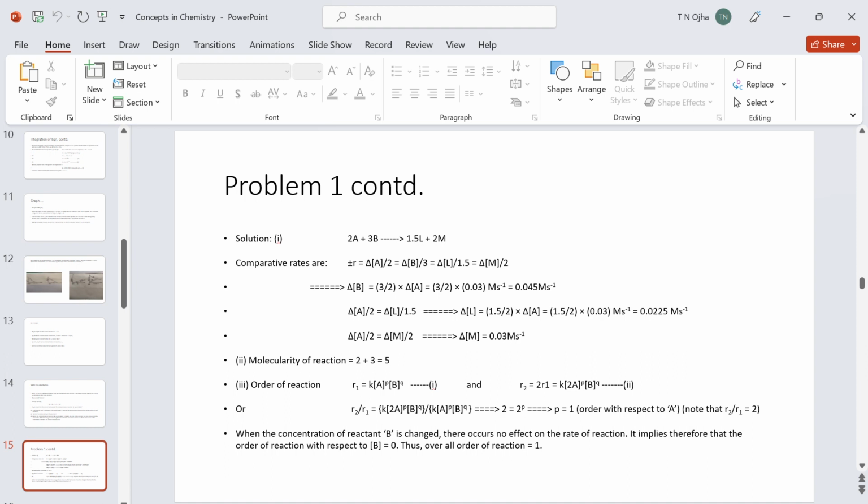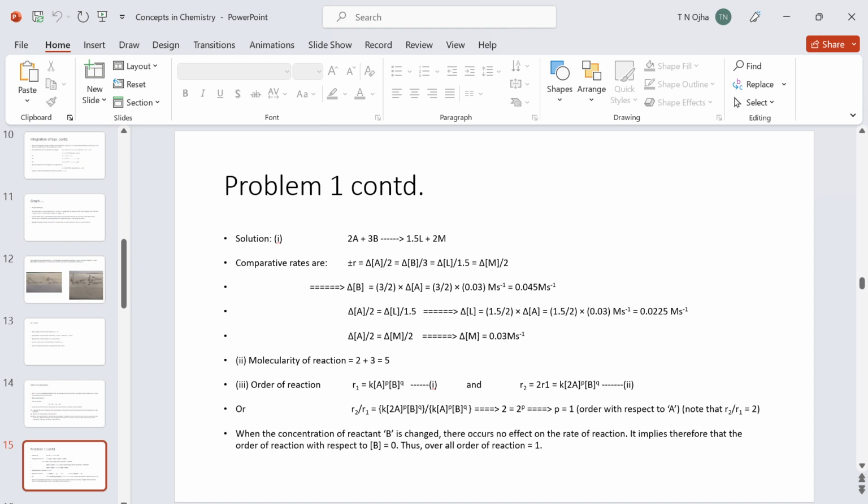So we can write equation for R1, R2, R3, etc. And by putting R2 over R1, which is 2, you can write the rate equation and you can see R2 over R1 equal to 2 equal to 2 raised to power p. Naturally, p must be 1, only then both sides of equation will be equal. So order with respect to reactant A comes out to be 1.